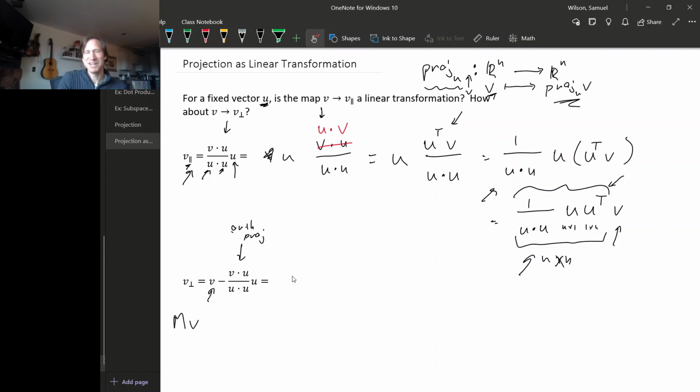Well, the identity matrix, right? The n by n identity matrix, minus, and then this second term is just a projection, and we already have a formula for the projection.